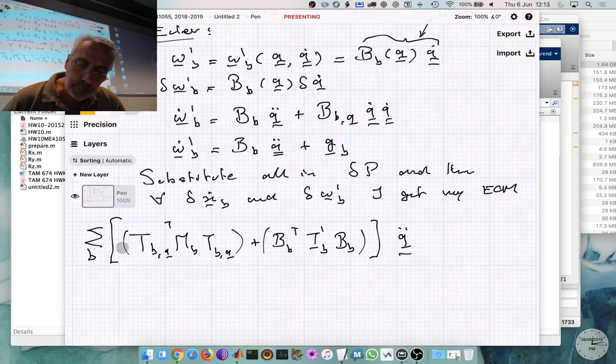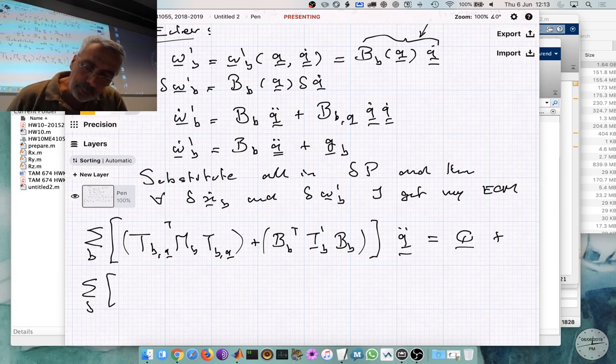So this is my reduced mass matrix, reduced in terms of my degrees of freedom, the linear part and the orientational part. And then on the right hand side, of course I have my generalized forces, which are dual to those generalized degrees of freedom, plus a sum over all the bodies, and then I get the right hand side of this guy and the right hand side of that guy.